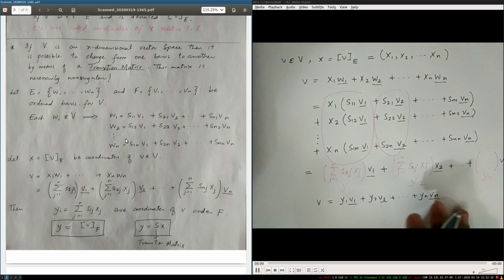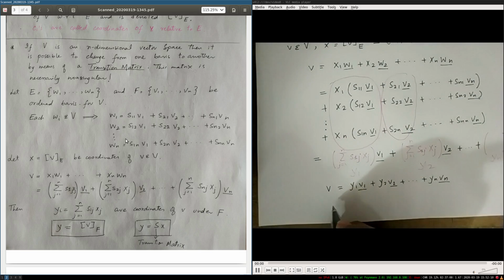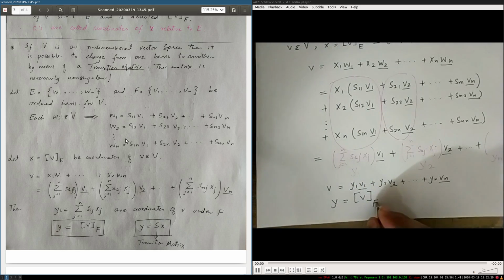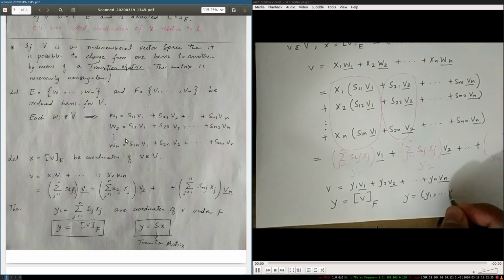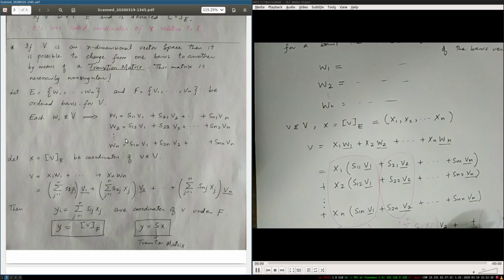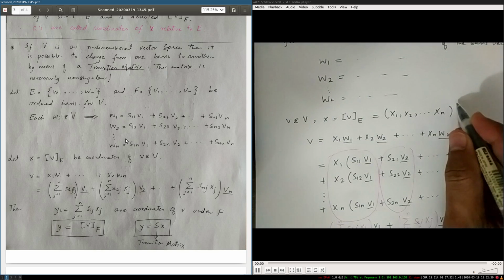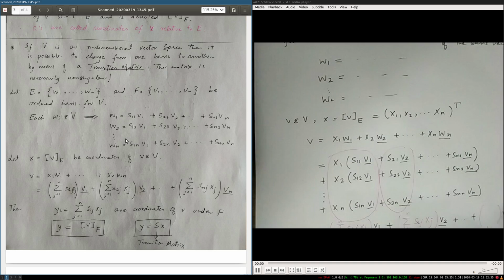And now I can say that y is actually the representation of v in terms of the coordinate basis collection f, where y is nothing but this coordinate vector y1 to yn transpose, and x was x1 to xn transpose.